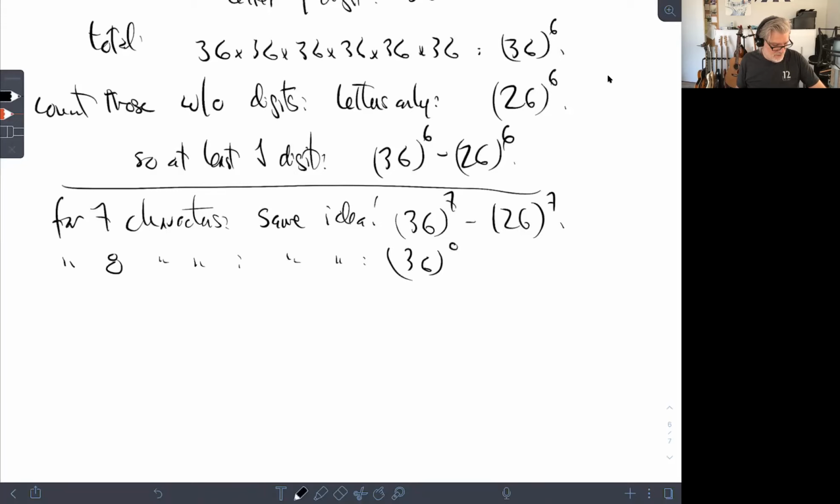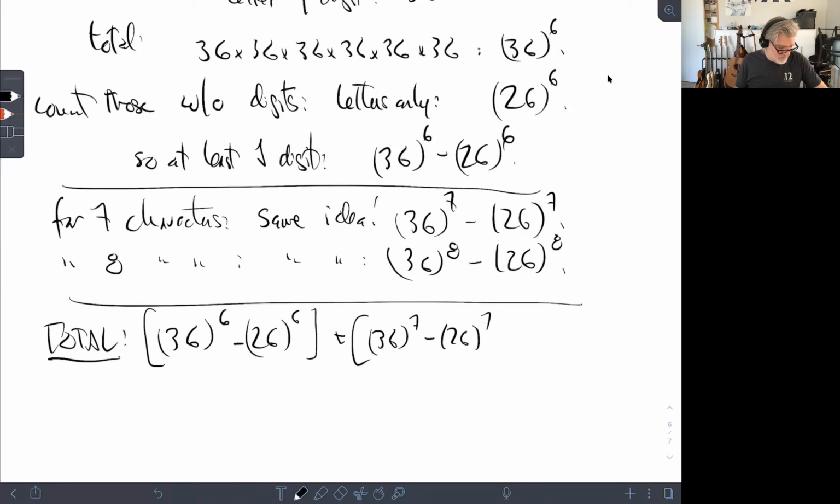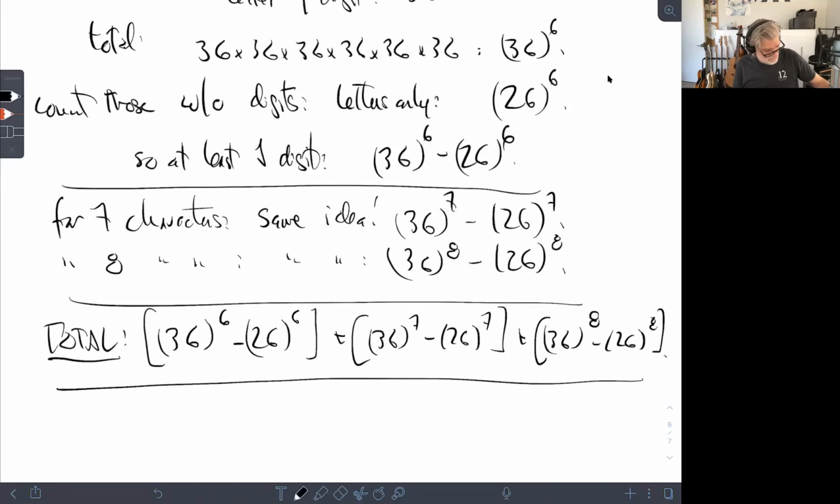It'll be 36 power 8 minus 26 power 8. So the grand total of passwords will be the sum of all these: 36 power 6 minus 26 power 6, plus 36 power 7 minus 26 power 7, plus 36 power 8 minus 26 power 8. There you go.